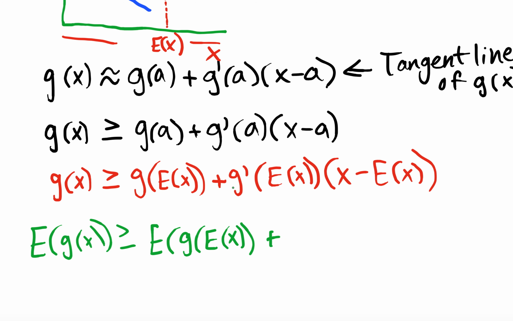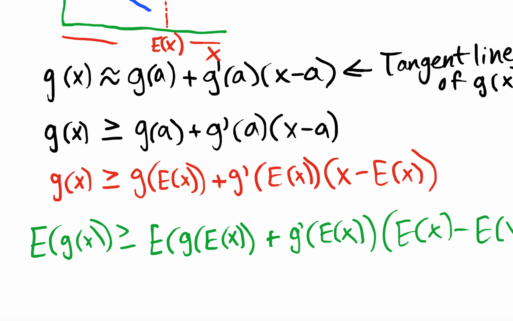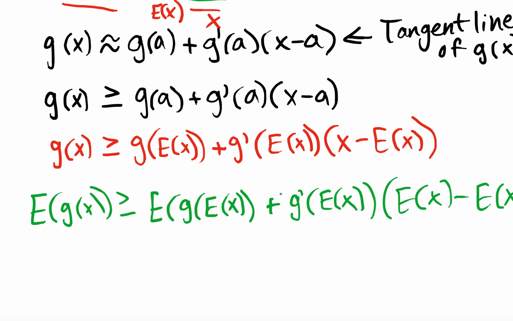The derivative of g evaluated at the expected value of x is just a constant. And then over here, we would have the expected value of x minus the expected value of x, because the expected value of the expected value of x is just the expected value of x. So this whole term becomes 0.